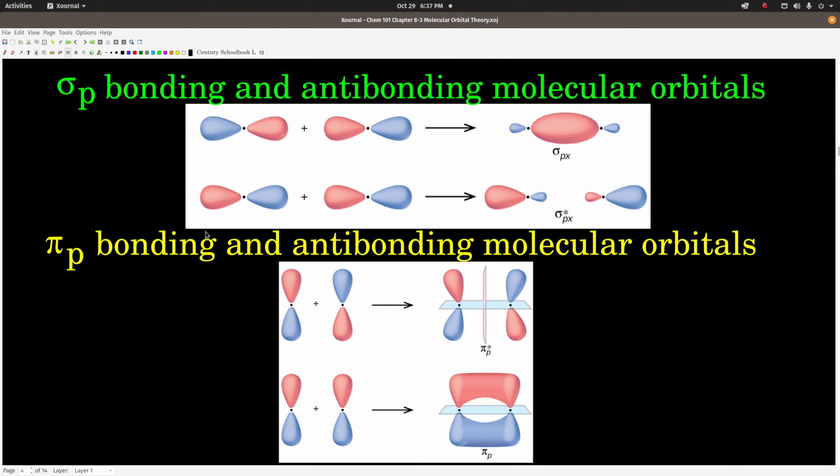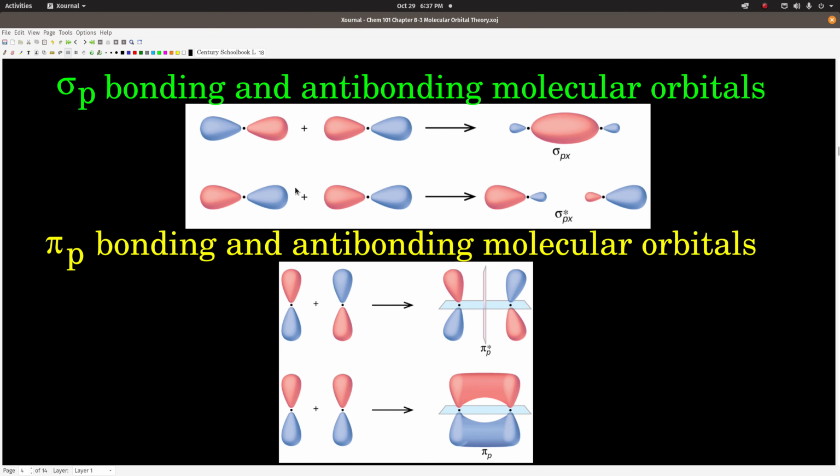When p orbitals combine, they can form anti-bonding and bonding, both sigma and pi orbitals. So the top picture is sigma p orbitals forming. So this is a p orbital from one atom. This is a p orbital from another atom.